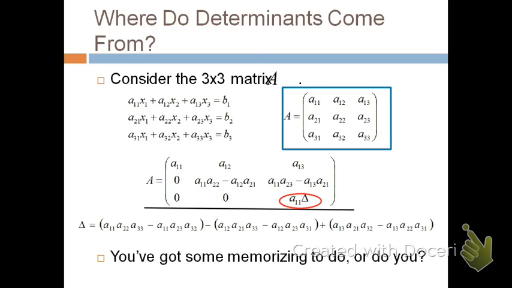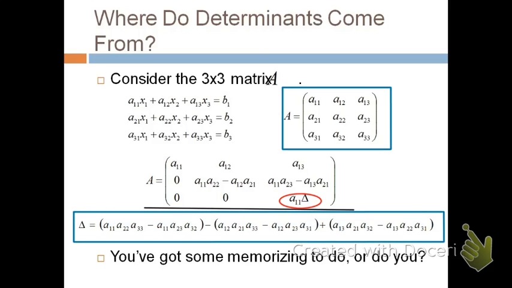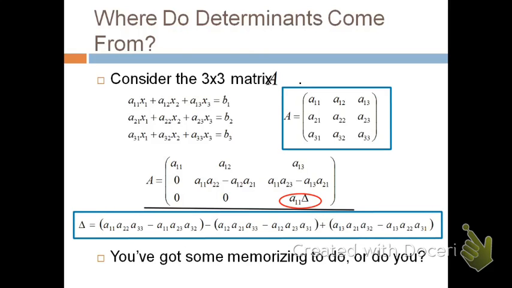This term here, A11 times this delta, where delta is this expression here, for this to have a unique solution, we do not want this to equal 0. And so if this gives us the determinant of the matrix, that's a lot of terms. So do we need to memorize this? Let's see what happens.